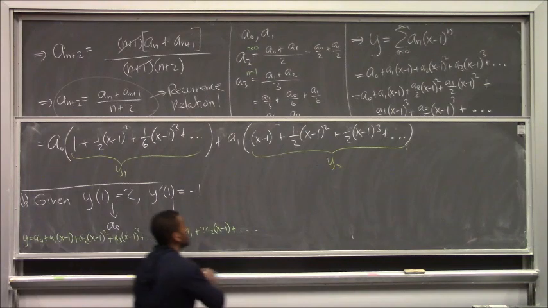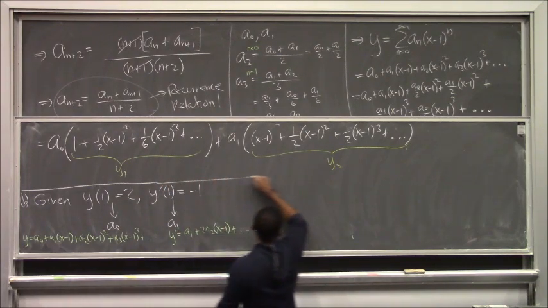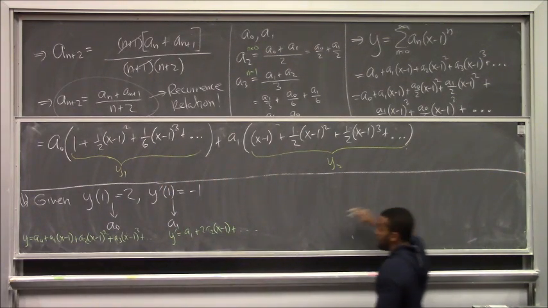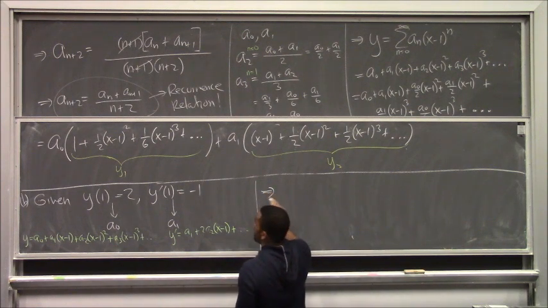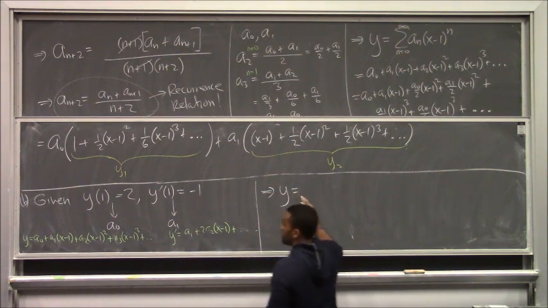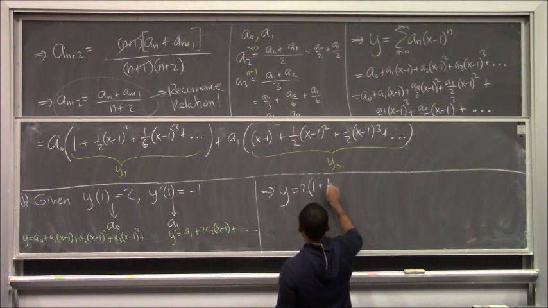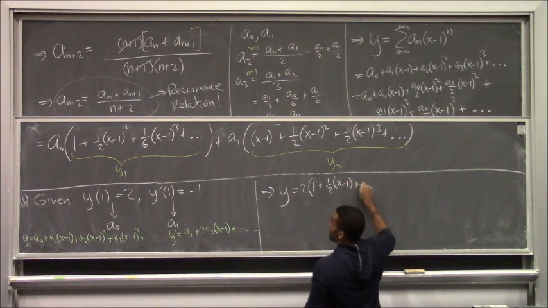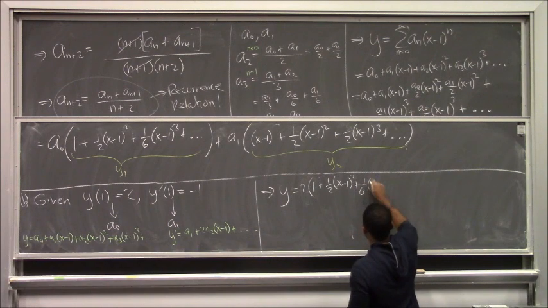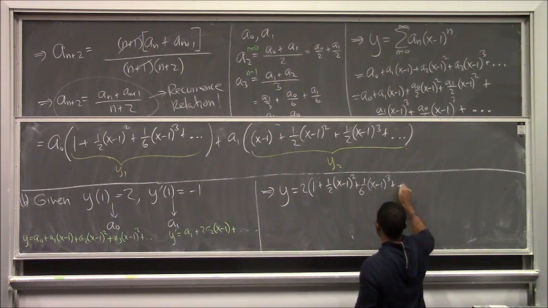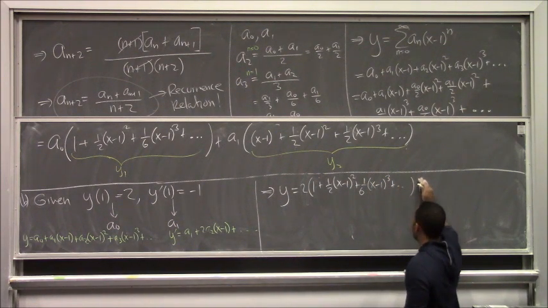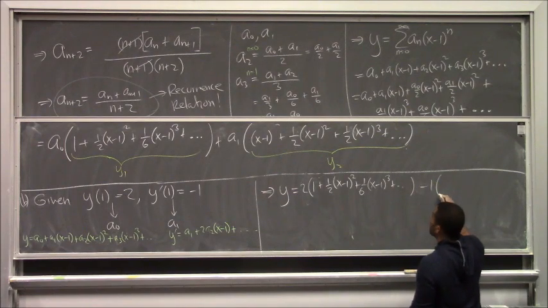And so this implies that our y is going to be 2 times this, plus minus 1 times this.